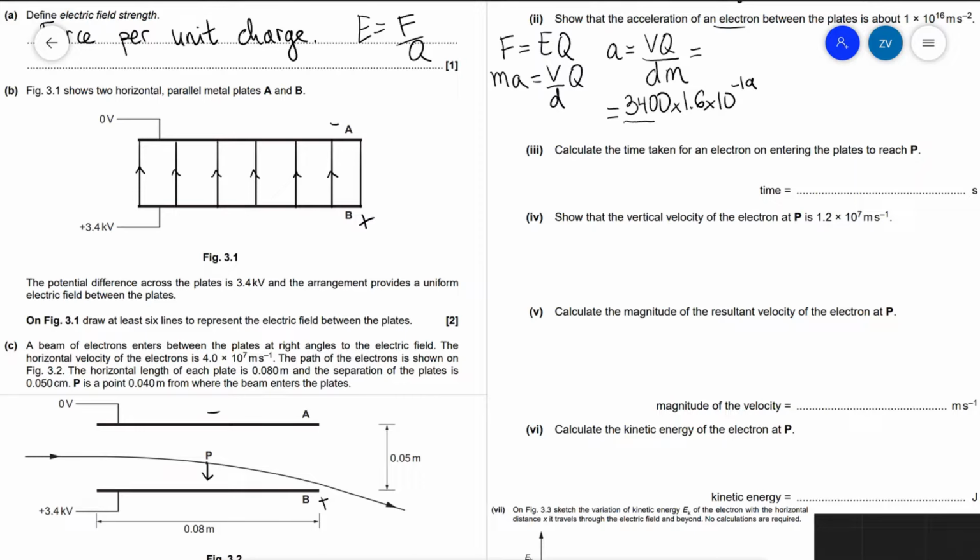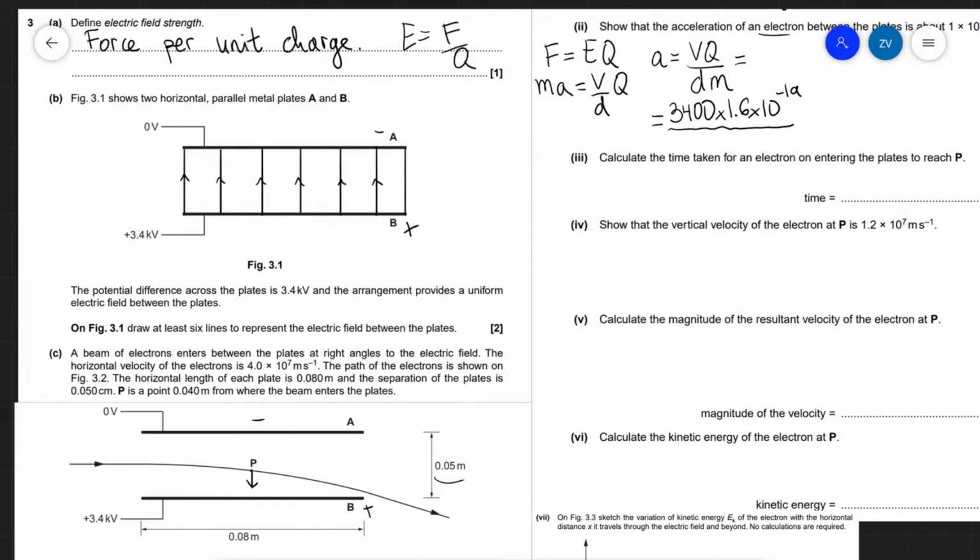We're going to divide that by the distance between the plates, which is, there's actually a typo in here, because notice that we're given 0.05 centimeters and 0.05 meters here, so let me just correct that. This over here should just say 0.05 meters. So the diagram is correct.